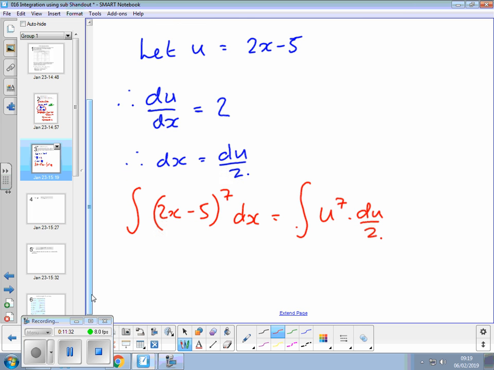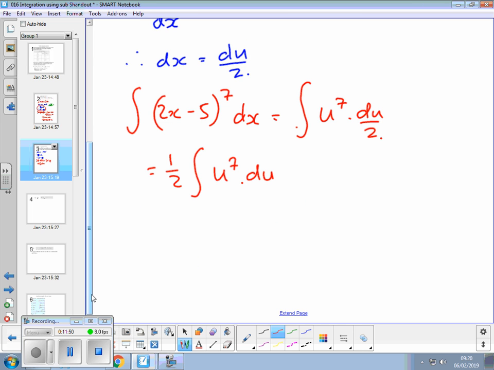Yeah, we can equal a half integral of u to the 7 du, equal to half times, how do we integrate u to the 7?